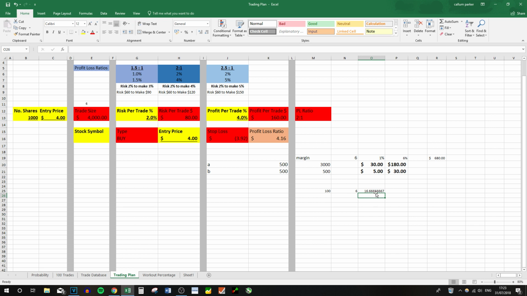So basically, every time your position goes up by 16.666%, you have doubled your account if you use 6-to-1 margin. So for example, if we got into a trade using margin and the stock went up 16.6%, this here will now change to $500, which basically means you've doubled your account without having the stock go up 100%.